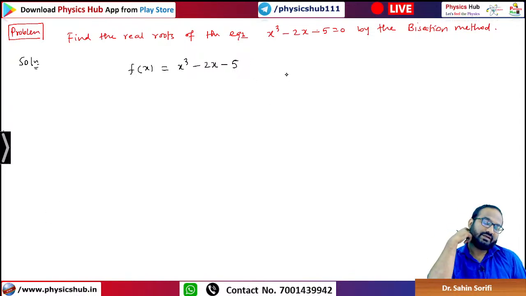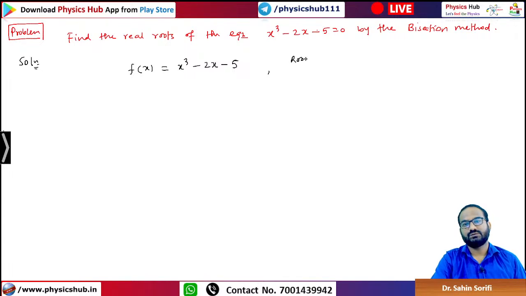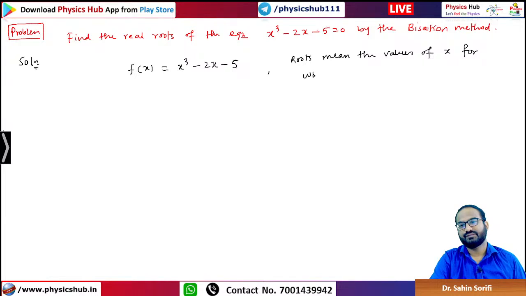We need to find the values of x for which f of x is 0. That is the root. Roots mean the values of x for which f of x is equal to 0.